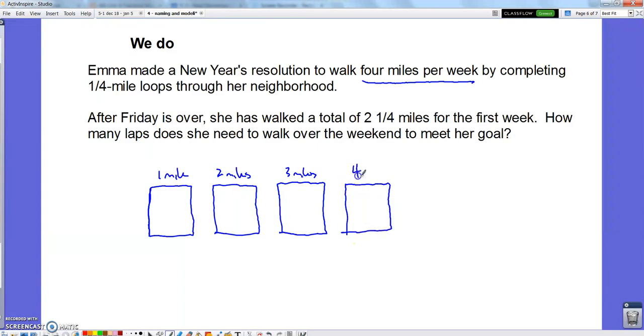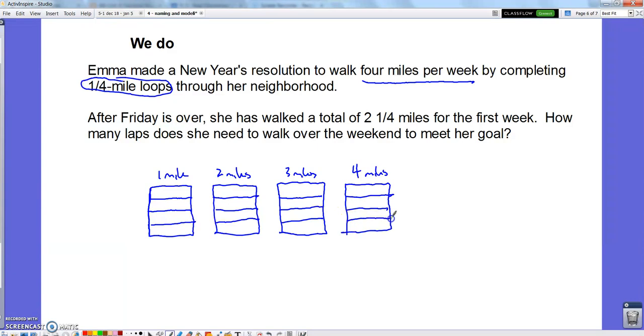And since I know her loop is 1/4 of a mile, she's just going to walk that loop over and over again until she gets to her 4 miles. I'm going to go ahead and divide my miles into fourths. There we go.